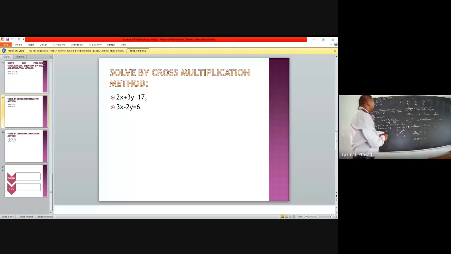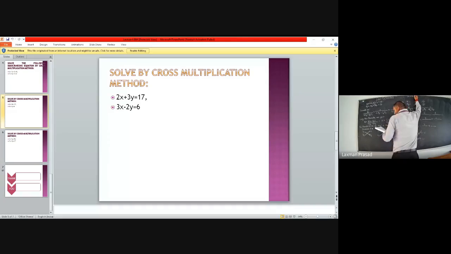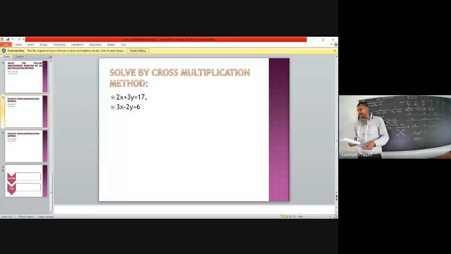Next question is 2x plus 3y equals 17. Then 3x minus 2y equals 6.